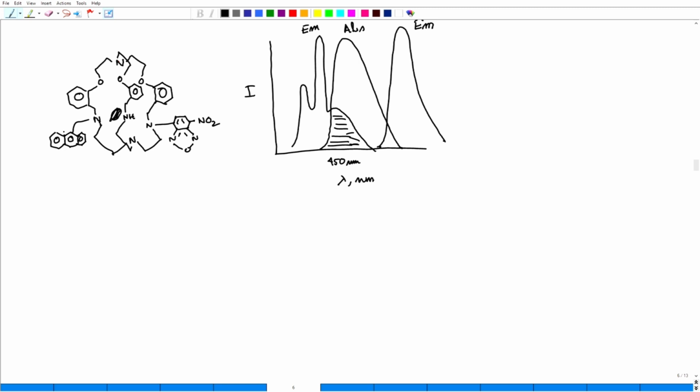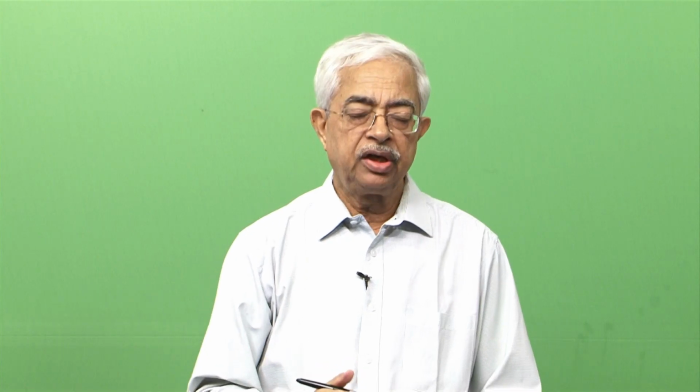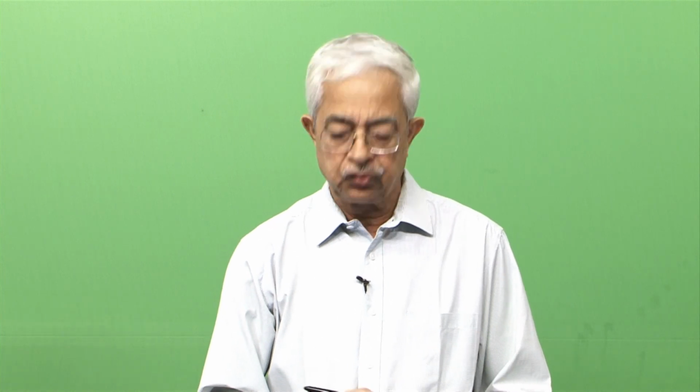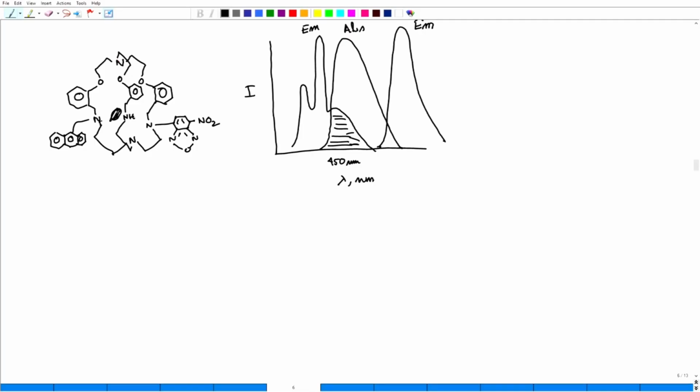You know that copper 2 gives a very strong emission band of anthracene, because the nitrogen lone pair is there. But if I excite this anthracene, I do not see any emission of anthracene.